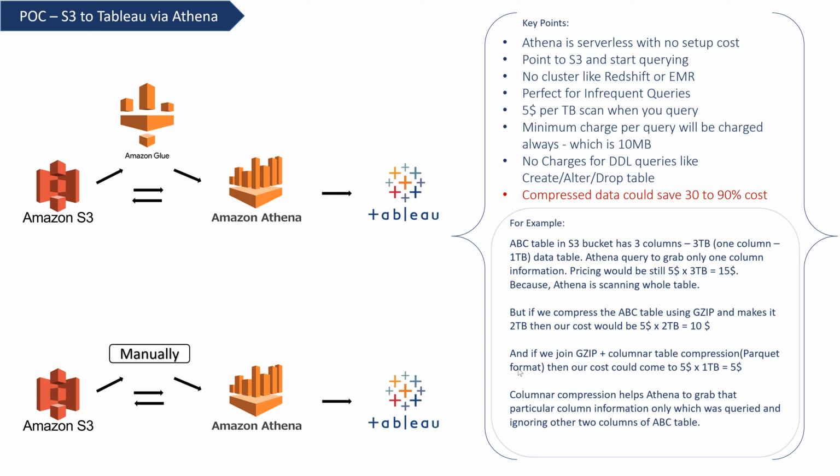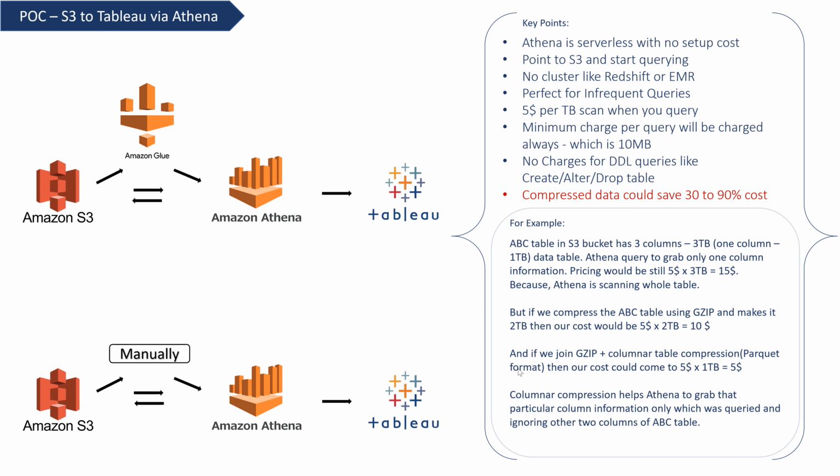But there is a way that you can reduce your cost by compressing. So how can you compress? By compressing, I mean if you have an ABC table in an S3 bucket and it has three columns and each column is 1 TB, so the whole table makes it a 3 TB table.